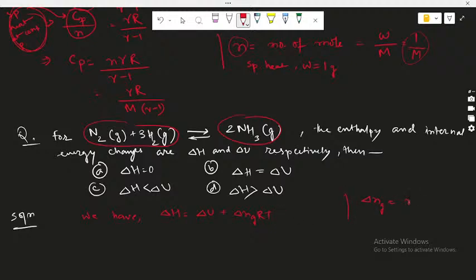Delta Ng is number of gaseous products minus number of gaseous reactants. How many products are there? Two products are there and reactants are 1 plus 3, that is 4. So it will be 2 minus 4, that is minus 2. So in place of delta Ng, just write minus 2, so the ultimate formula will be delta H is equal to delta U minus 2RT.